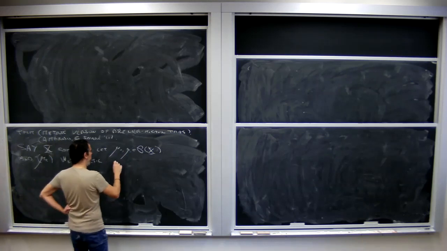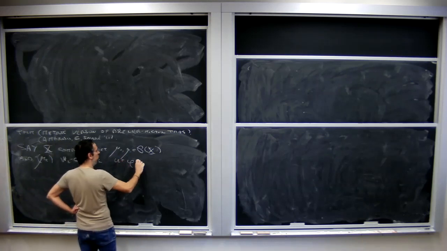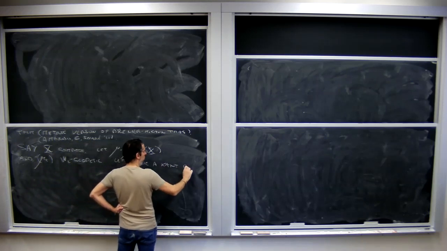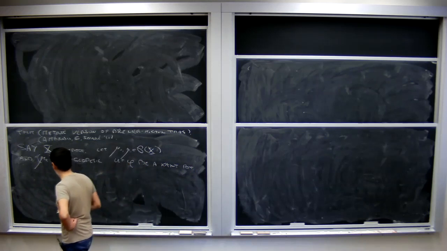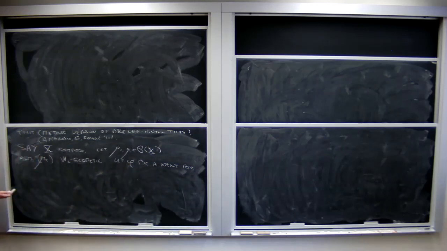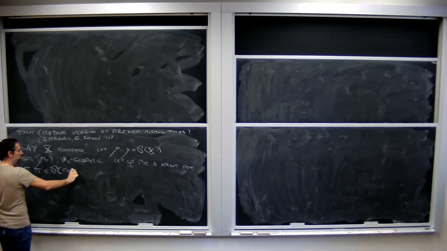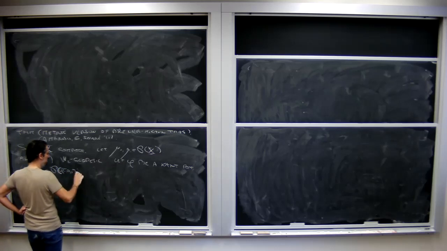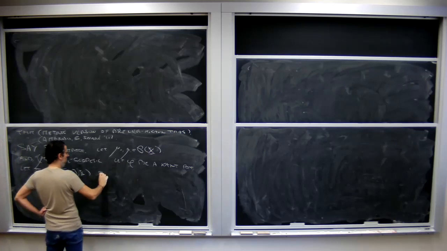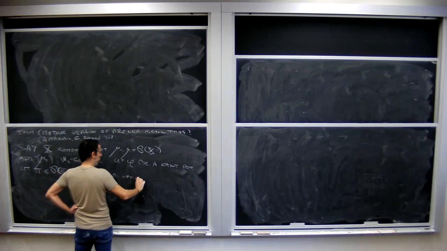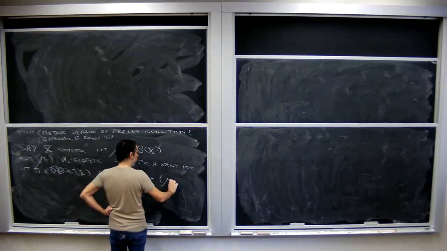Now, let phi be a Kantorovich potential, so it maximizes the dual program. And let pi, a probability measure on the space of curves over X, be a lifting of mu t.